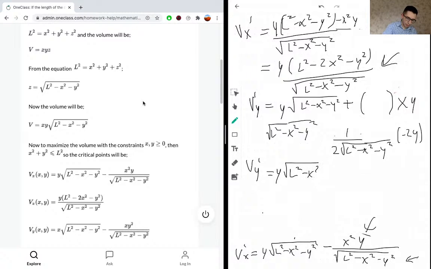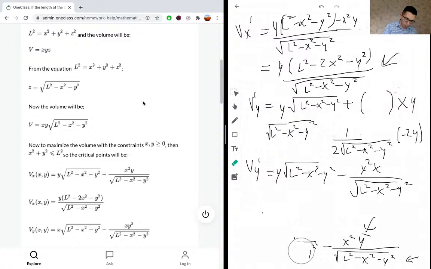And then we're left with vy prime is equal to y square root L squared minus x squared minus y squared minus the second component, which is y squared x over square root L squared minus x squared minus y squared. So we'll combine both of these terms to get just one term in the derivative of the volume with respect to y.